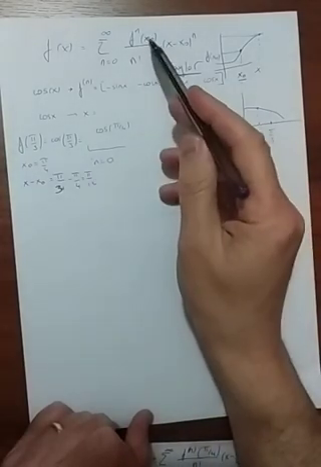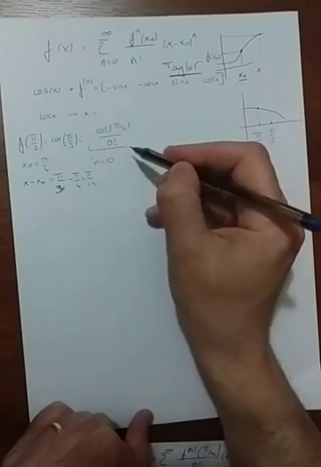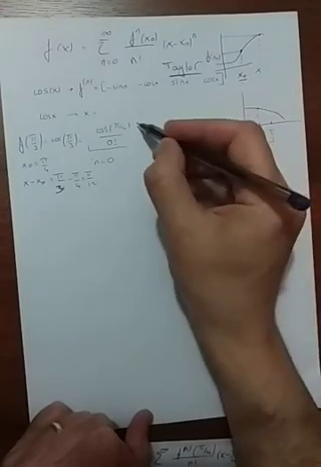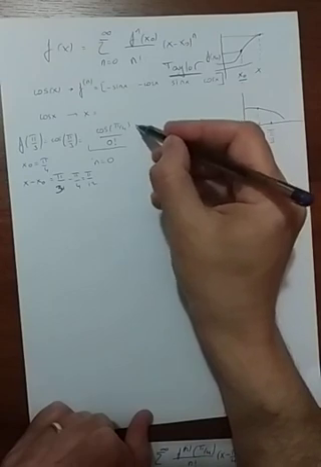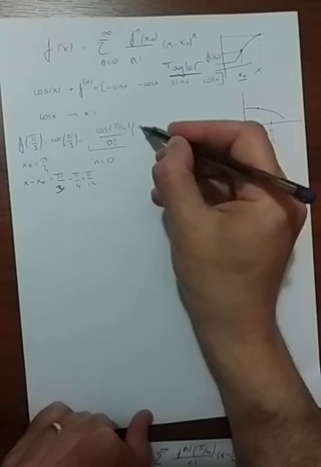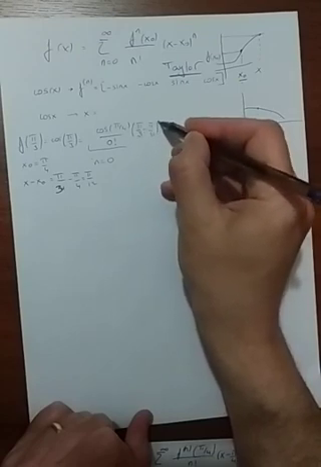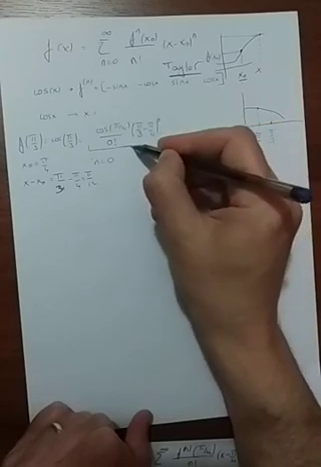Let's go on. For the zeroth derivative, we divide by 0 factorial, which by definition is 1, and we multiply by x minus x0, which is pi over 3 minus pi over 4, all to the power 0, which is equal to 1.